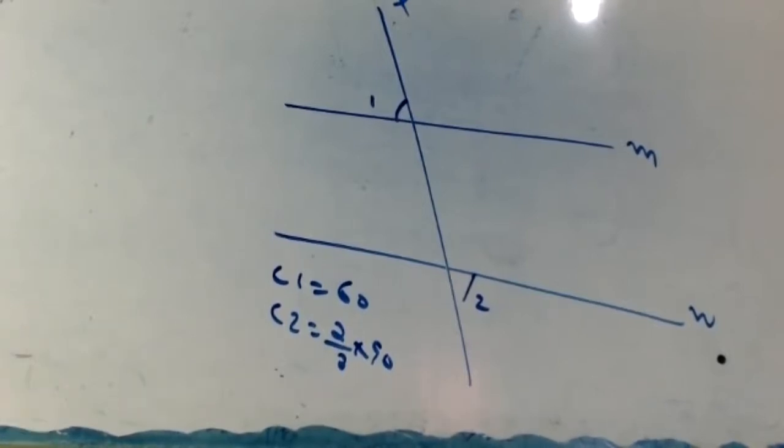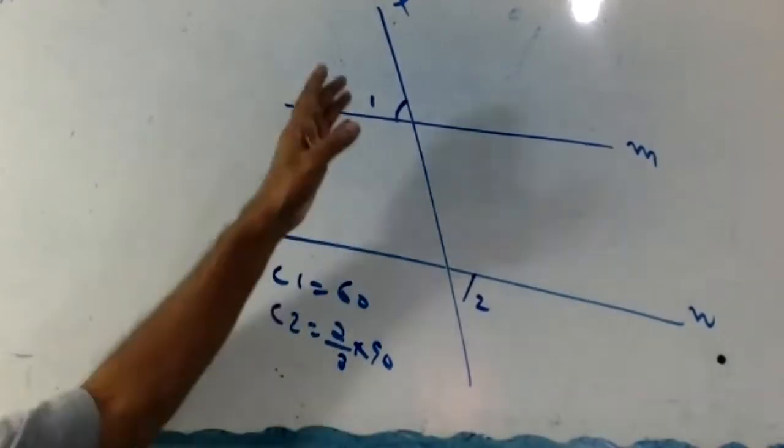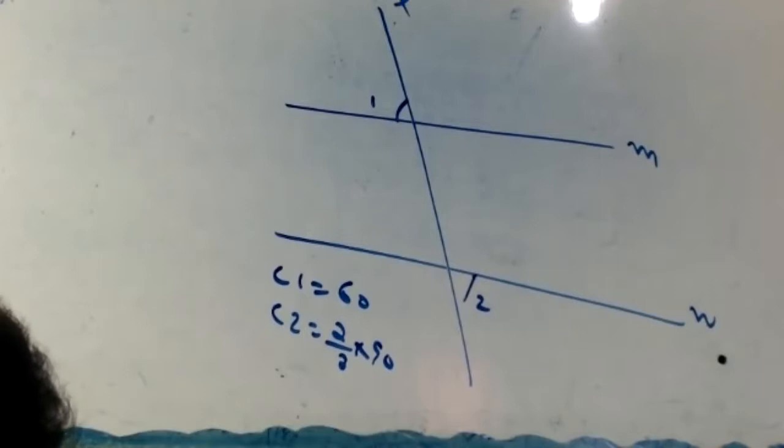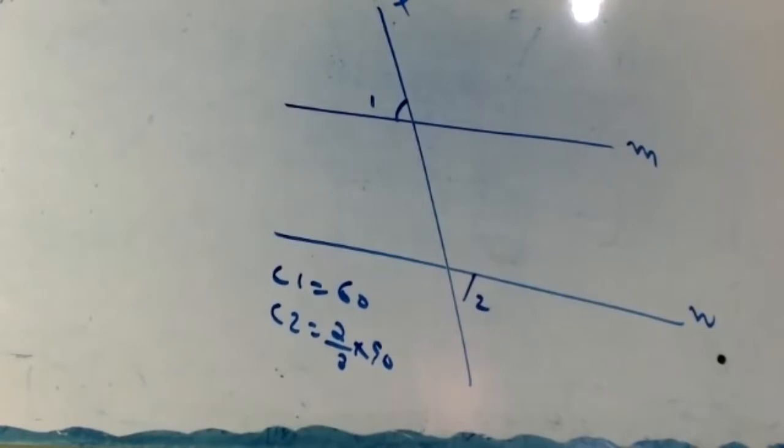Question again. Listen. Okay, I'm reading again. In figure, L is a transversal to the lines M and N such that angle 1 equals 60, and angle 2 equals 2/3 of a right angle.